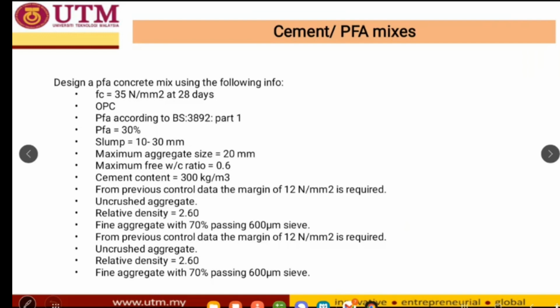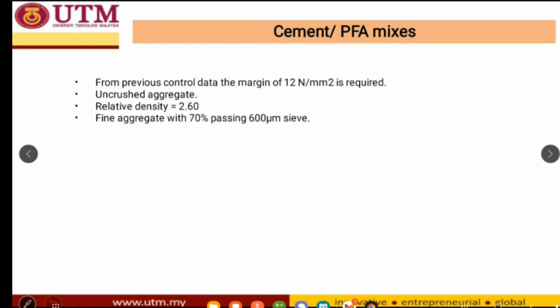Yeah, so the question is to design a PFA concrete mix using the following info, where you have the characteristic strength of 35 Newton per millimeter squared at 28 days using OPC for the cement type, and then PFA also according to BS 3892 part 1, and then the PFA is 30%, slump 10 to 30 mm, maximum aggregate size 20 mm, maximum free water cement ratio 0.6, cement content 300, okay, and the rest is the same as your assignment. So we continue.